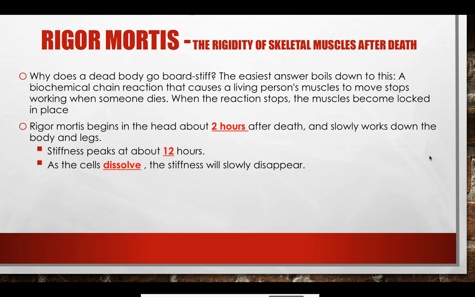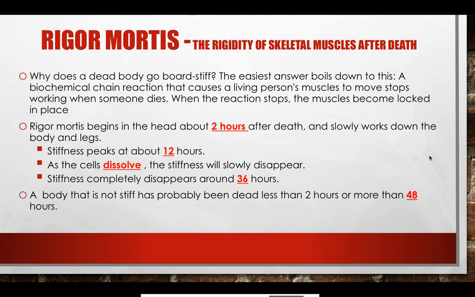Now, after this 12-hour period, the cells of the body start to dissolve and the stiffness will slowly disappear. So stiffness completely disappears after 36 hours. So by using this, we can now have a little bit of a window, an idea to tell us when this individual may have passed on.